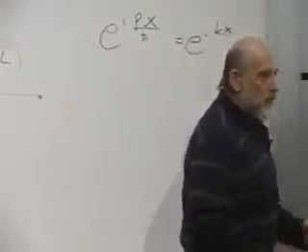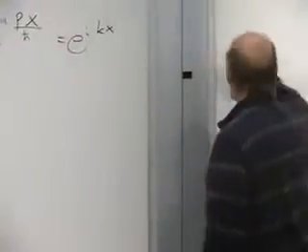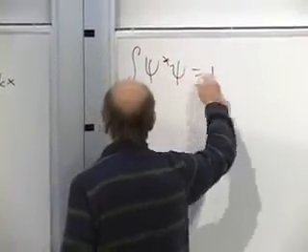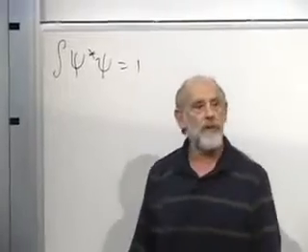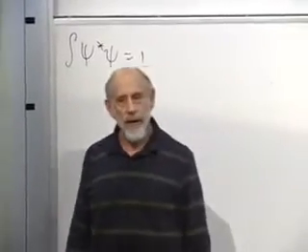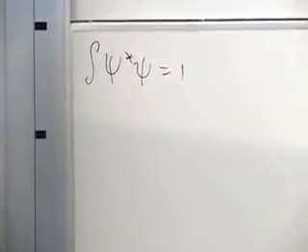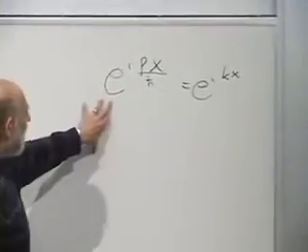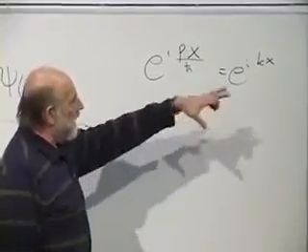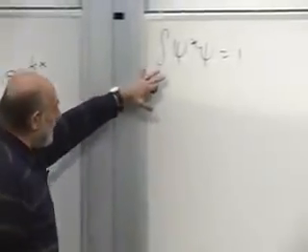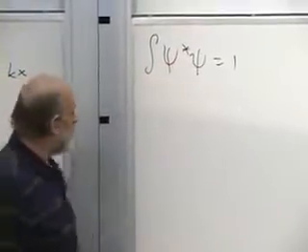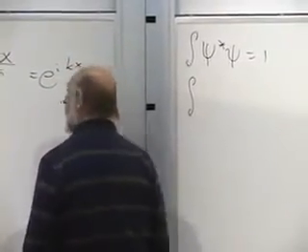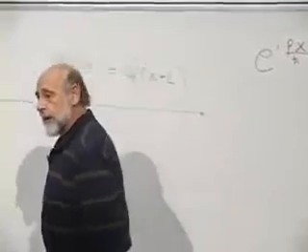Remember, the rule for a normalized wave function is that the integral of psi star psi should be equal to 1. That's basically the statement that the total probability of finding the object someplace should add up to 1. If I take this wave function with p as a parameter and I multiply it by its conjugate, psi star psi would just be equal to 1. And if I then did this integral, then, oh, I'm sorry, I want to go back one step.